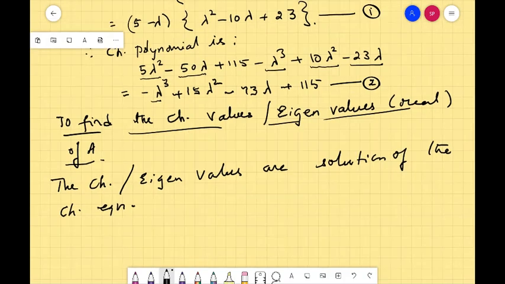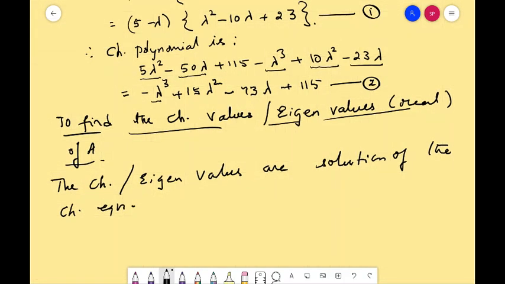So what is the characteristic equation now? You can observe you have two polynomial expressions, one is 1 and another one is 2. Which one will you take? Both are the same, but the first one is in the factorized form and the second one is not. Now you have to find the solutions of the equation. The characteristic equation means det(A minus lambda I) is equal to 0.